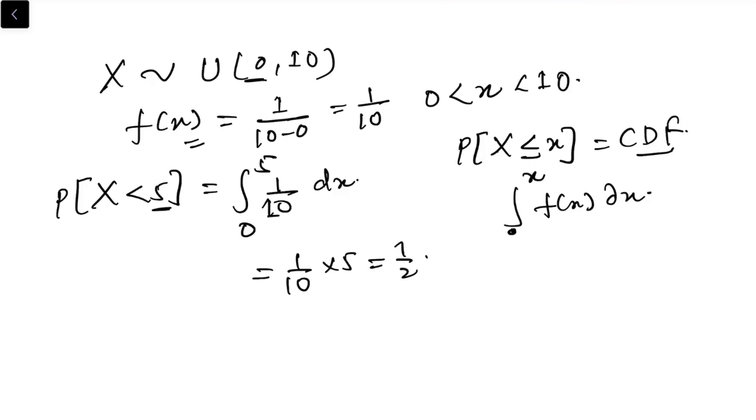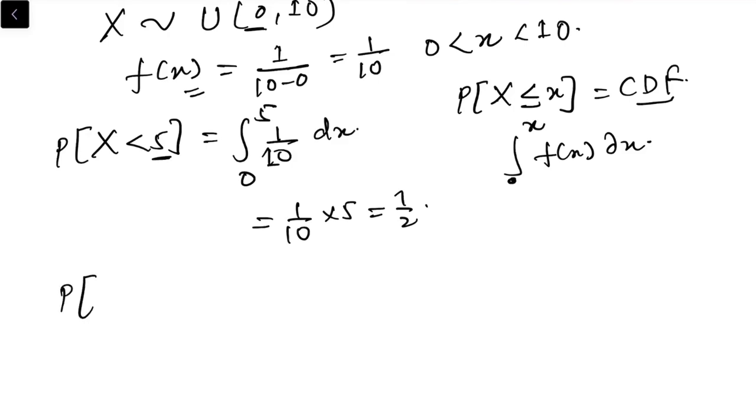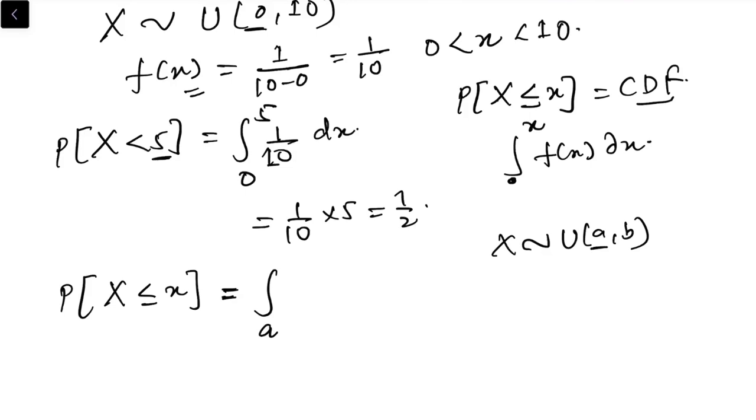Okay, so in general we can write the probability X is less than or equal to x. We are integrating from a, X follows uniform(a, b), so the lower limit is a and the upper limit is x. We are integrating up to some point x of the PDF.